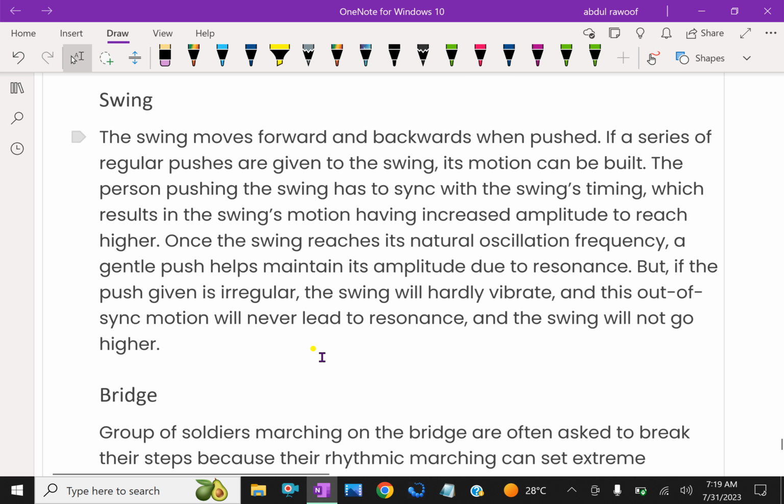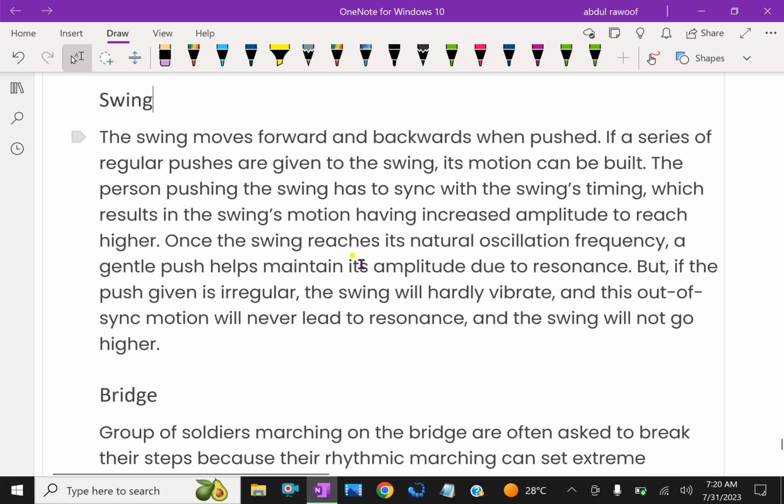Swing, another example. The swing moves forward and backward when pushed. If a series of regular pushes are given to the swing, its motion can be built up. The person pushing the swing is synchronized with the swing's timing, which results in the swing's motion having increased amplitude to reach higher.